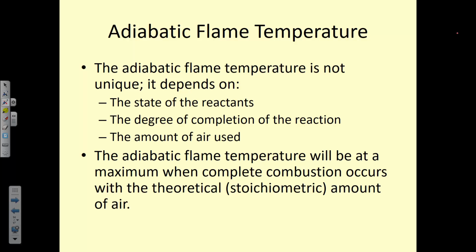And it's not unique, because there isn't an adiabatic flame temperature for any one material. It depends on whether you're in a liquid or a gaseous state, so what state you're in, how complete the reaction is, and also the amount of air used. So the adiabatic flame temperature can increase if you use an increasing amount of air, but it can also decrease, because perhaps you have an excess of air, and because there's so much air moving through the system, the combustion occurs too quickly and therefore it's not complete.